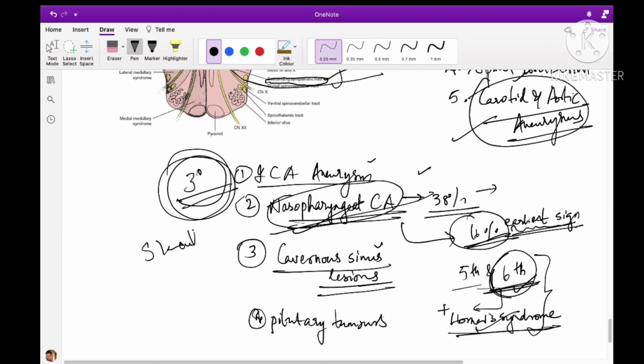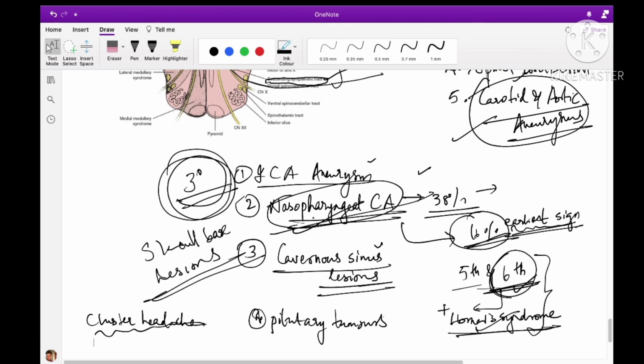Whatever lesions you have at the skull base are an important cause. Then also cluster headache, one type of headache, is an important cause. So these are the main causes of Horner's syndrome.